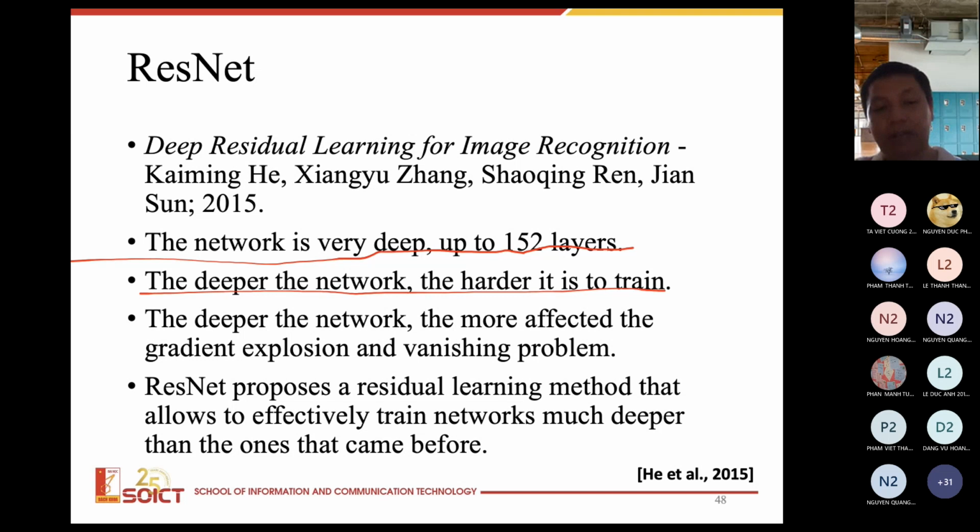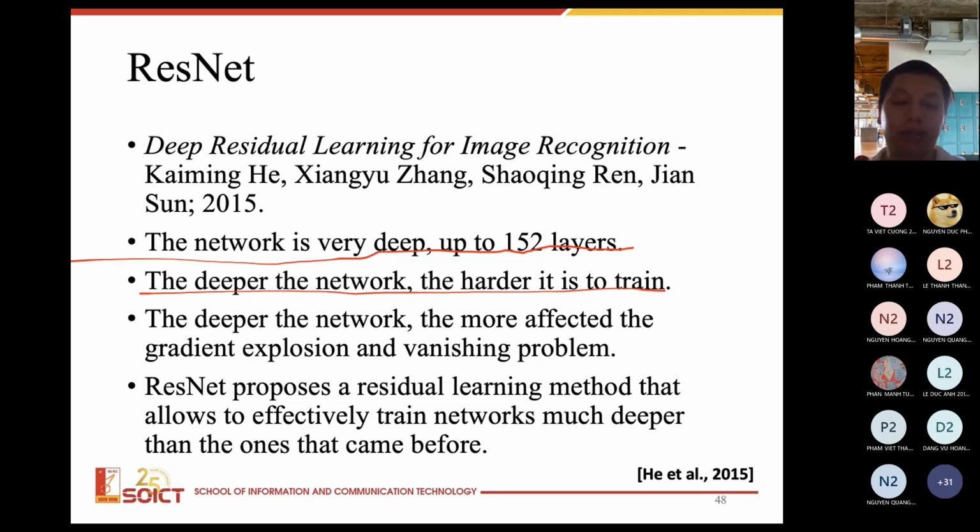Because for a deeper network, we will highly likely encounter the gradient explosion or vanishing problem, right? And ResNet proposes a residual learning method that allows efficient training of networks much deeper than those that came before.